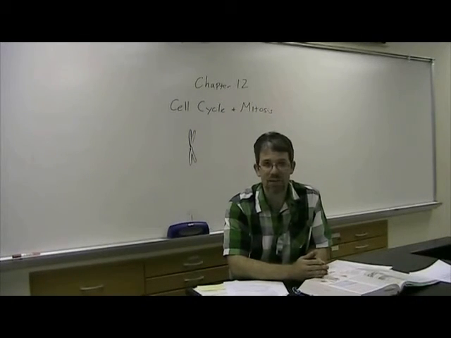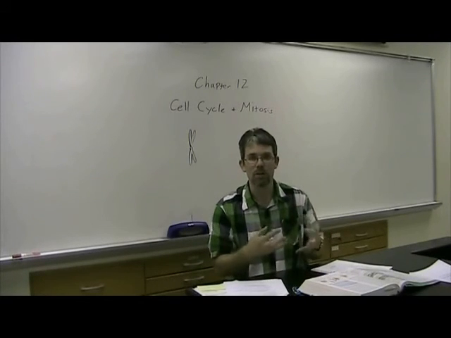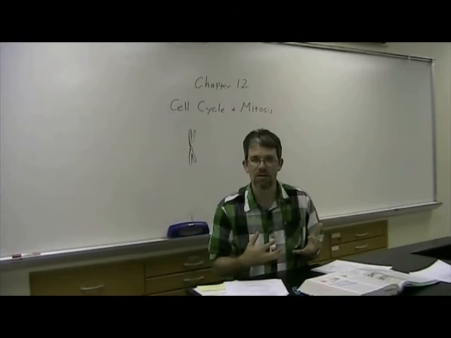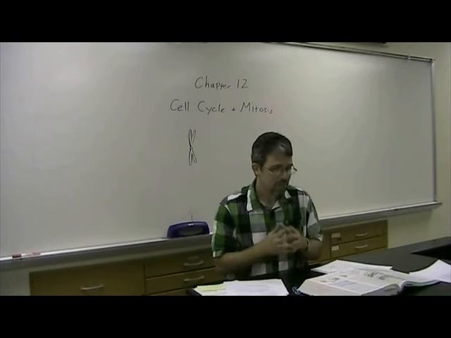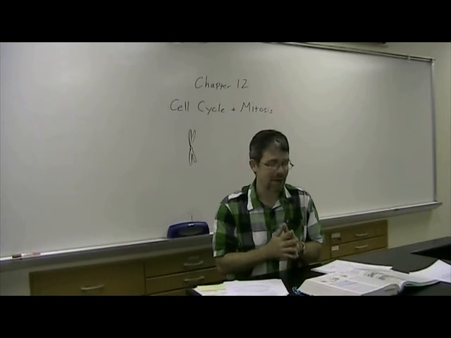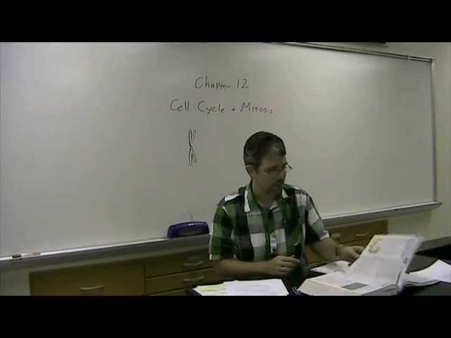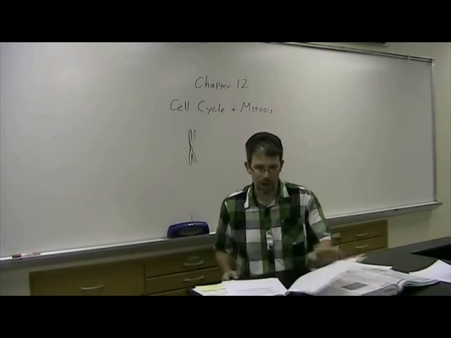Benign is non-cancerous, does not metastasize. Malignant tumor is cancerous and can metastasize. Metastasis is when pieces of a tumor can break off and go and start tumors elsewhere in the body. Chemotherapy and radiation for treatment of cancer is aimed at stopping cell division. And that's our review of this chapter.